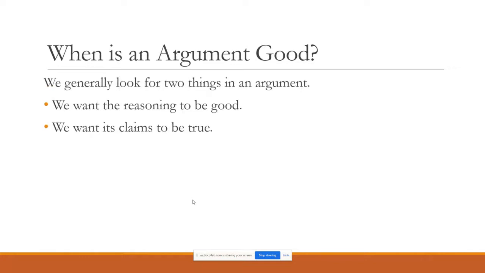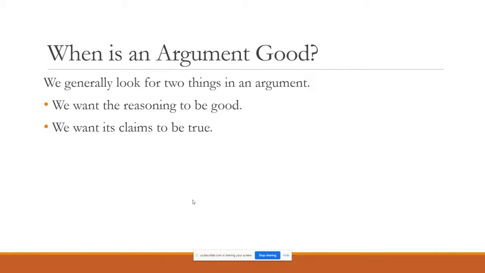Okay, so I talked a lot in my little opening spiel about evaluating an argument. And what I mean by that is we just want to know when an argument is good. What are we looking for when we evaluate an argument, when we ask whether an argument is good? Well, generally 2 things. You want the argument to engage in good reasoning, okay?